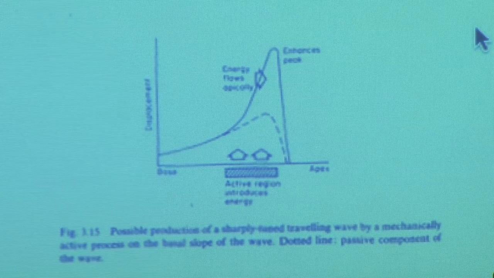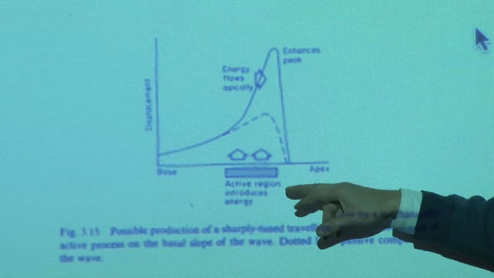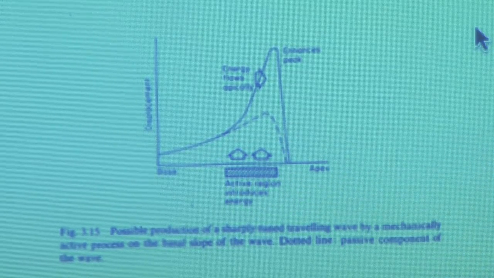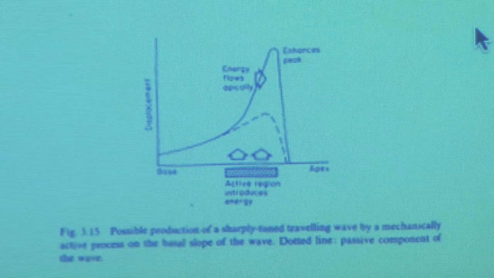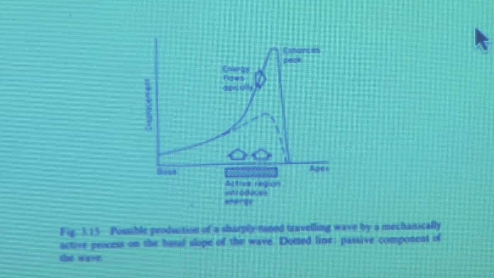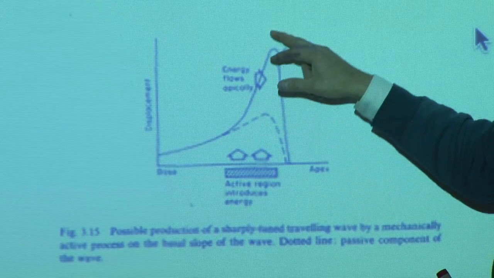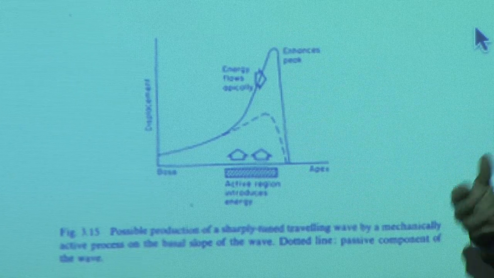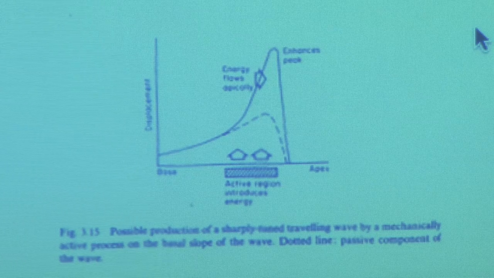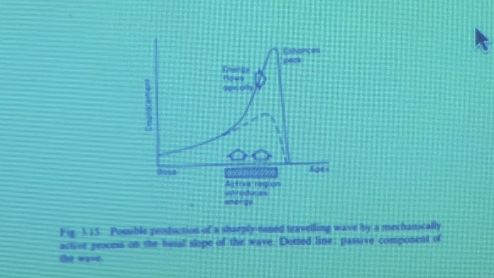Von Békésy's traveling wave envelope, if you will. This dashed line is what would happen if you just put sound in and there was no amplifier. And this enhanced solid line is when you have the outer hair cells working their cochlear amplifier magic.